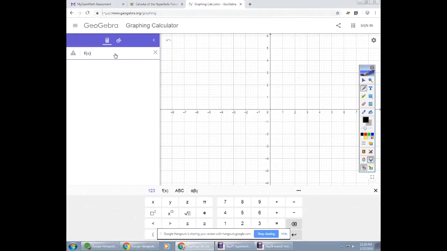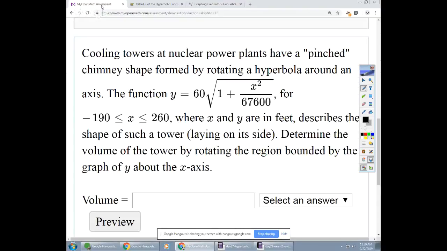All right, so f of x equals 60 times the square root of 1 plus x squared divided by 67,600, which I believe was given. And they said to look at this between negative 190 and positive 260.